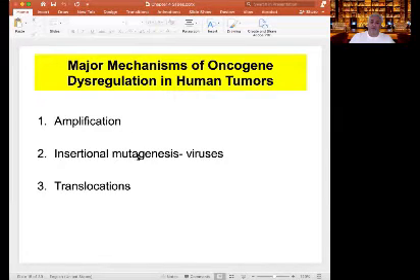Then we have insertional mutagenesis, which we learned about in chapter 3, where something comes and sits inside either the promoter or the regulatory part, or within the gene itself, the coding part. Or, as we'll see today in this chapter, translocations are another major mechanism responsible for causing human tumors, where entire segments of chromosome are moved to other locations within the genome.